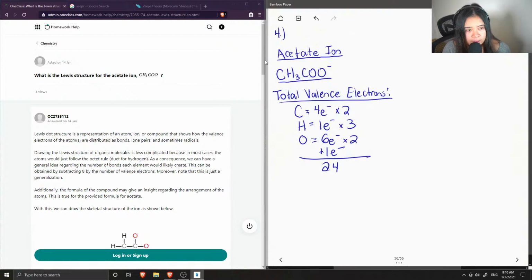Okay, so now let's try to draw out our structure. We'll have our 2 carbon atoms single bonded together, and one of them will contain the 3 hydrogens, just single bonded.